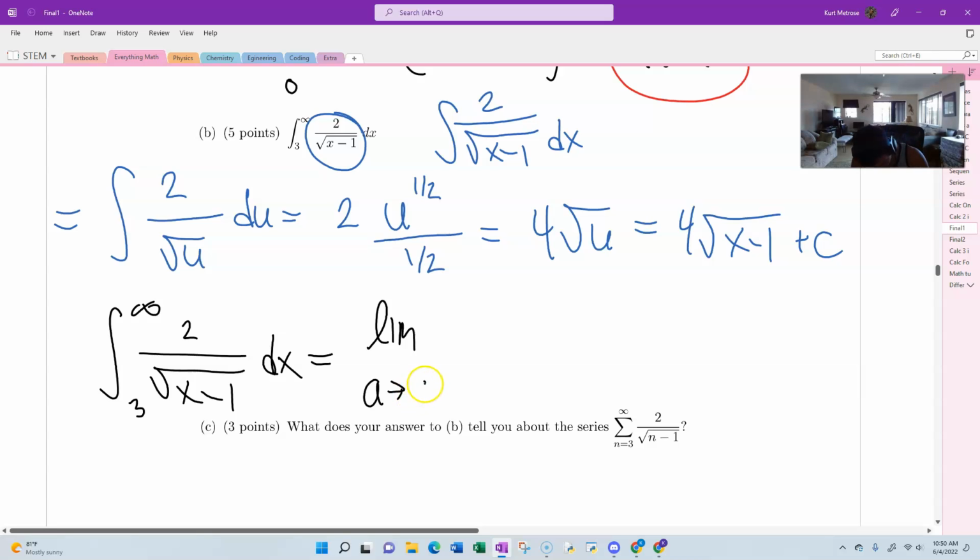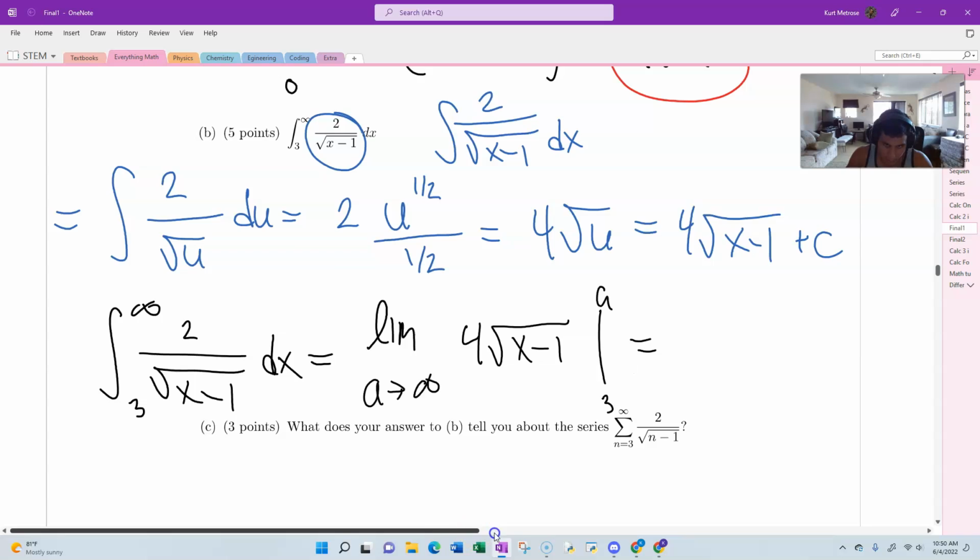As a approaches infinity, 4 square root of x minus 1 from a to 3. So this is what we truly have now. Okay, now we're answering the problem.